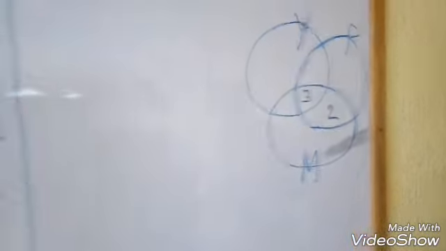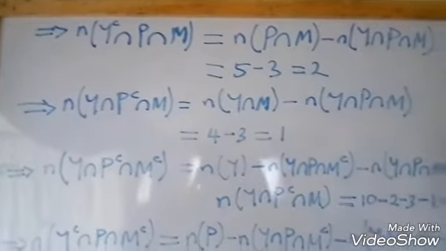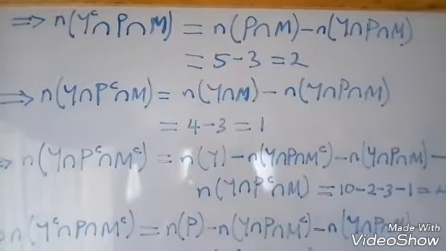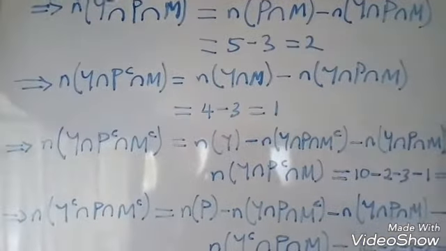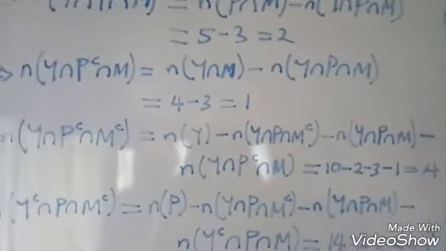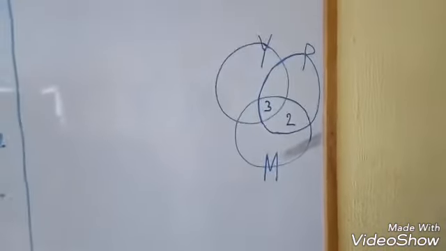Then those who sold yam and maize only, which is called N of Y intersection P complement intersection M, is equals to N of Y intersection M minus N of Y intersection P intersection M. That means those who sold yam and maize minus those who sold all the 3.